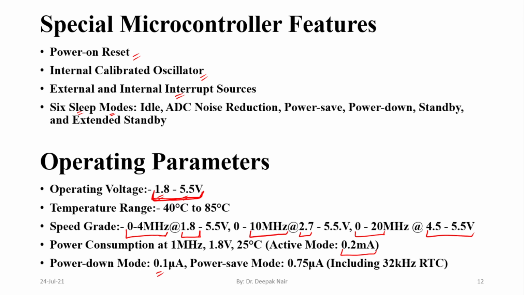So that means if you are designing your own sensor node using a battery or something, then in that case you can save tremendous amount of power by pushing the microcontroller into sleep mode.